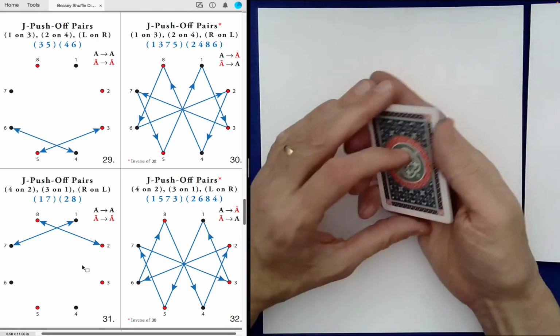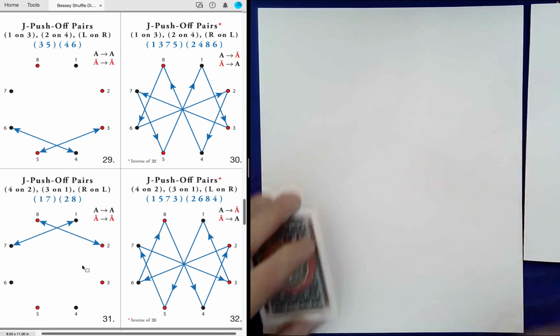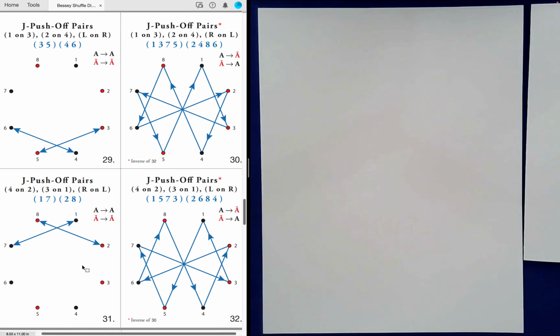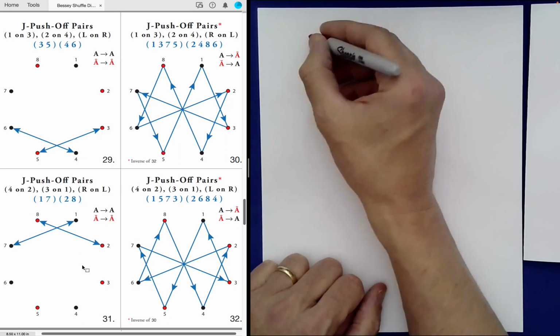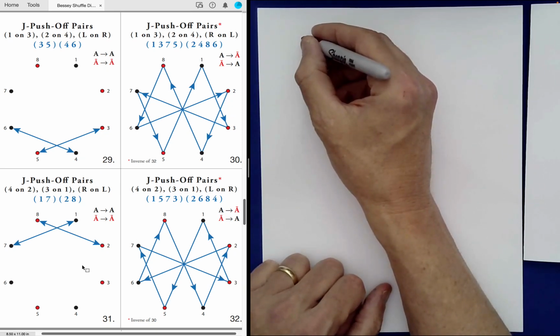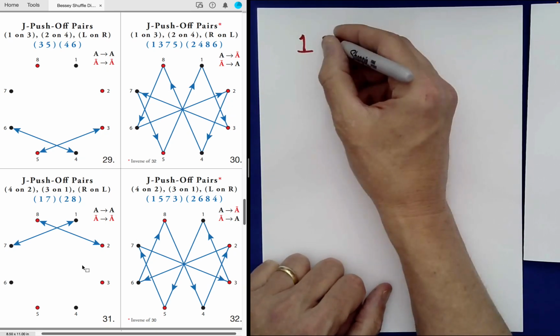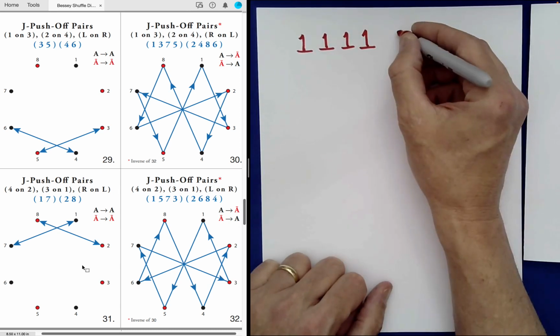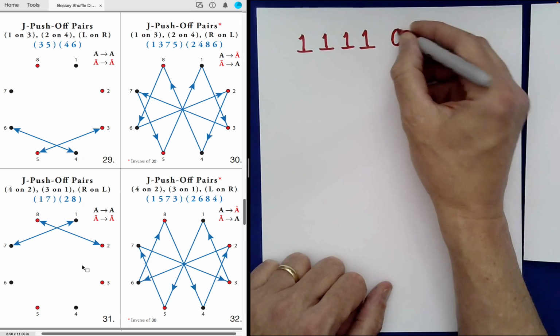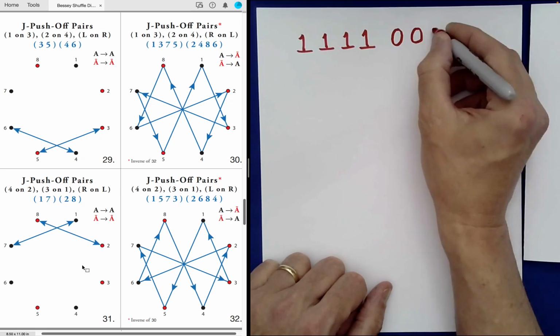So right now, the organizational structure that we have in mind here is I'm picturing the cards on the top half of this packet of 8 cards as 4 ones. And then the bottom 4 cards I'm picturing are labeled zeros.